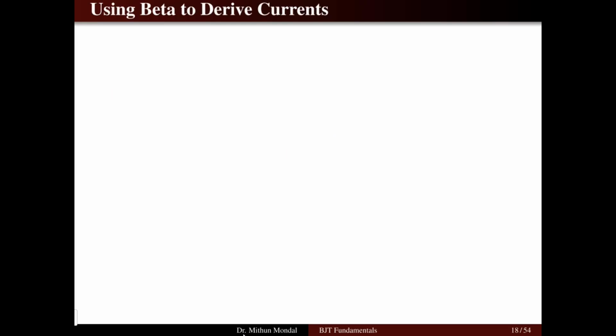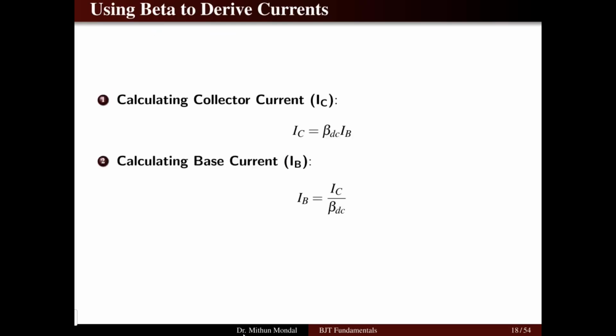Now, how do we use this beta to derive the current? The collector current is equal to beta times the base current, and the base current is equal to the collector current divided by beta. So beta is a very important current gain factor which can be used to derive the currents in the collector as well as the base.